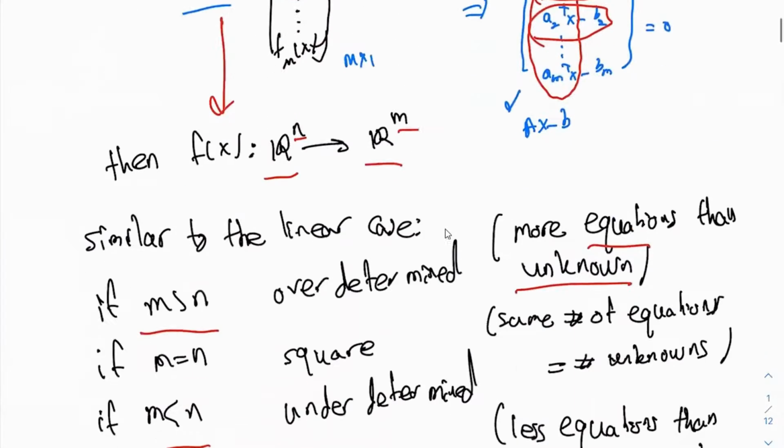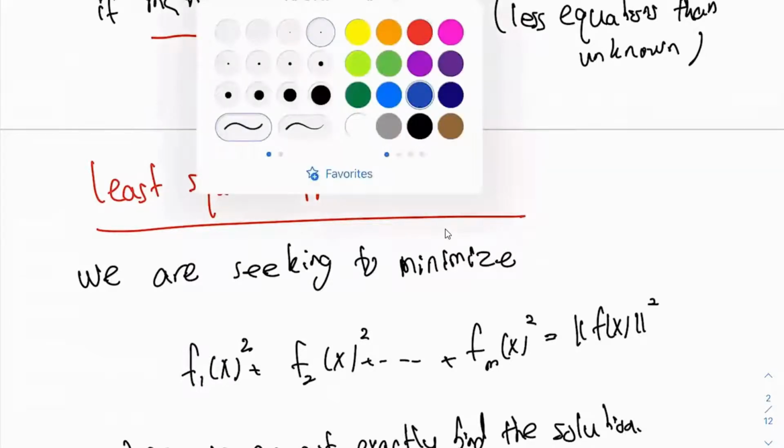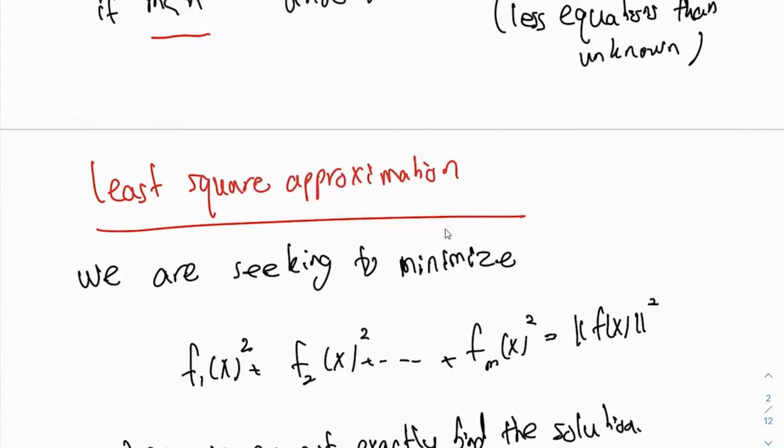Okay, very good. Now let's talk about the least squares approximation for the nonlinear case. Again, let's motivate it by talking about the linear case first. In linear least squares, we are trying to minimize this quantity, norm of Ax minus b squared, because usually the equation Ax equals b does not really have a solution.